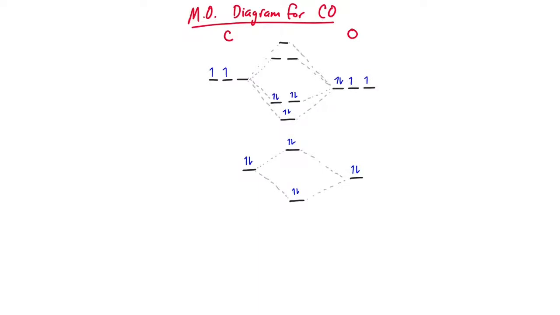So this one's finished. Now, again, we can determine things like bond order, and based on the presence of paired or unpaired electrons, we can determine whether or not carbon monoxide will stick to a magnet. So since there are no unpaired electrons, we can assume carbon monoxide does not stick to a magnet in this case.